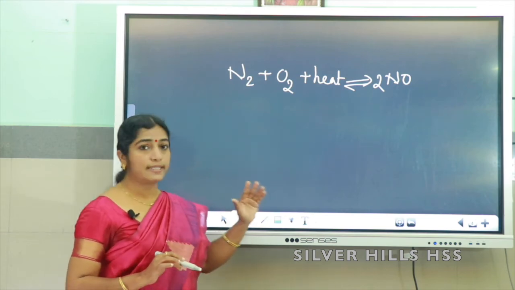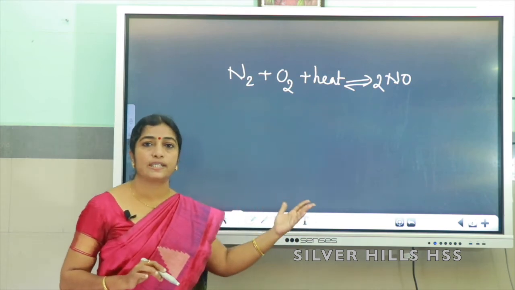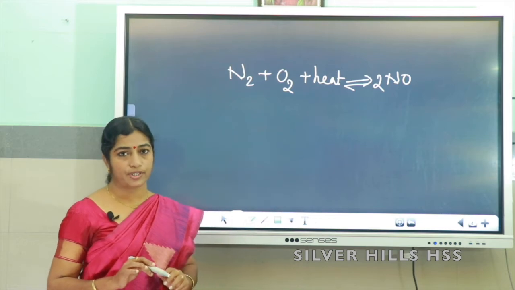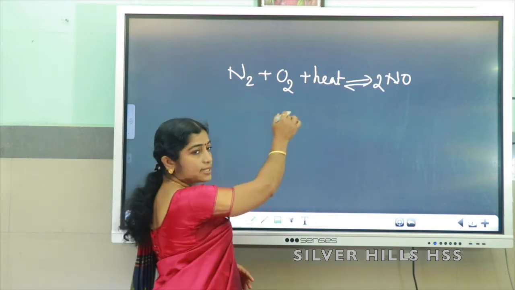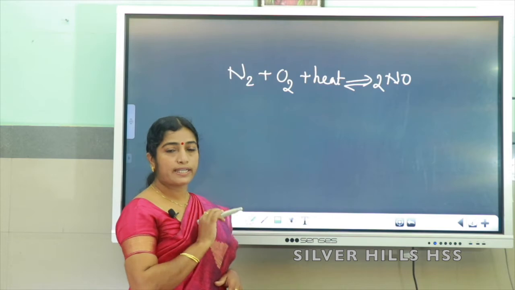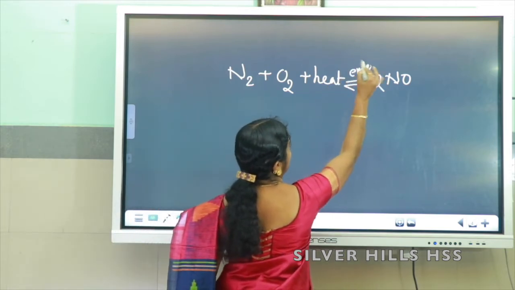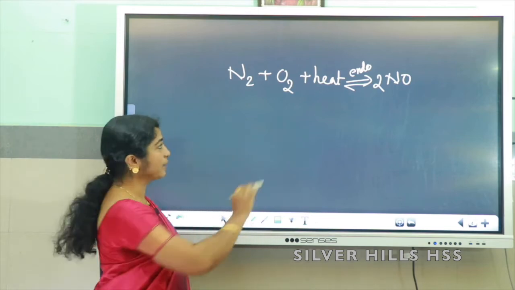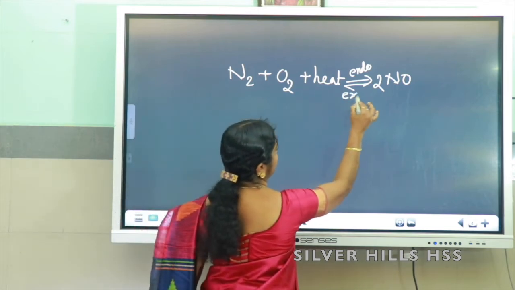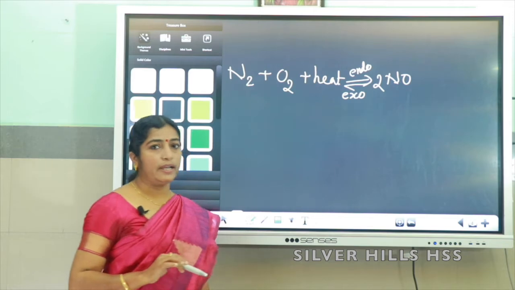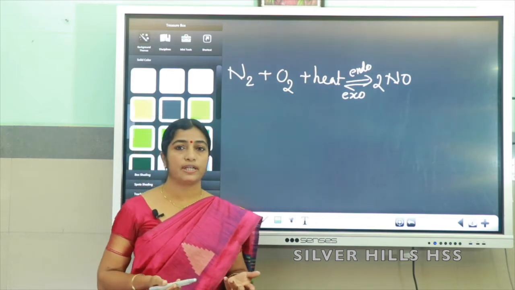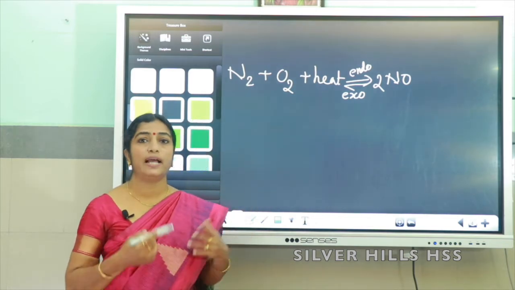For that, let us first find out which one is the exothermic and which is the endothermic reaction. Here the heat is on the reactant side. If the heat is on the reactant side, the forward reaction is endothermic, and the backward reaction is exothermic. We know that on increasing temperature, the endothermic reaction will accelerate.